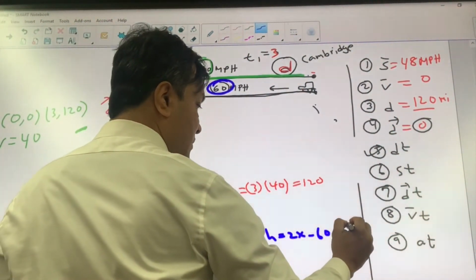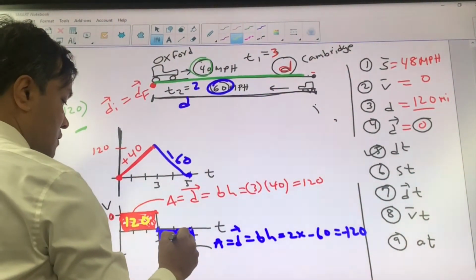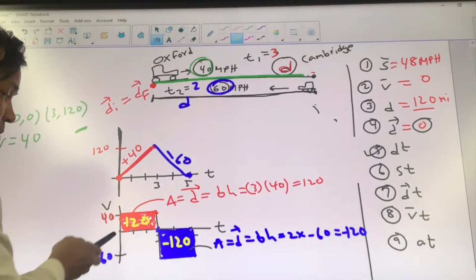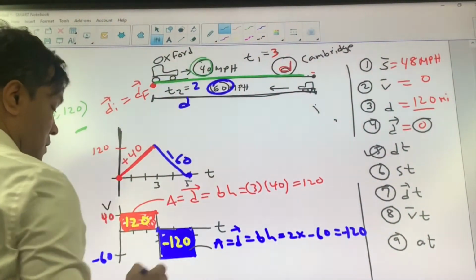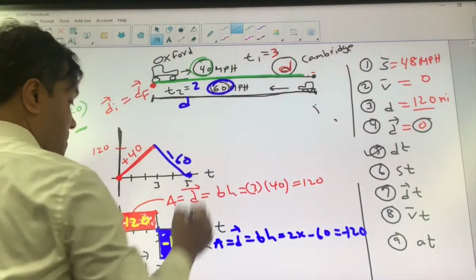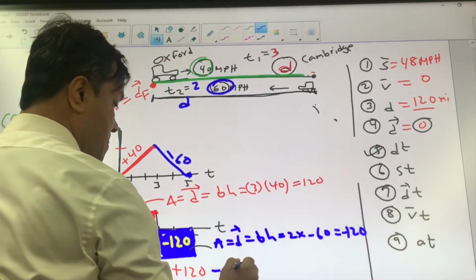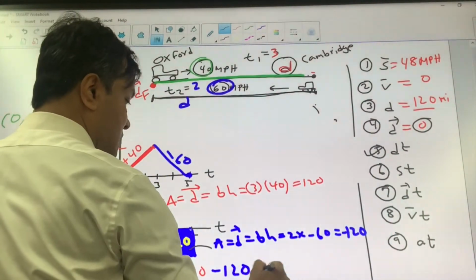So it's negative 120. So total displacement is positive 120 plus negative 120. So total displacement is 0.